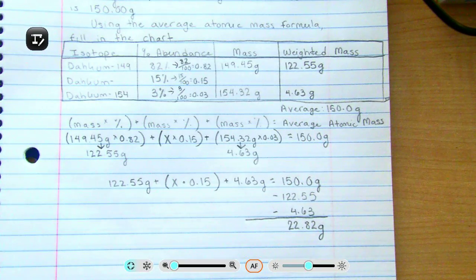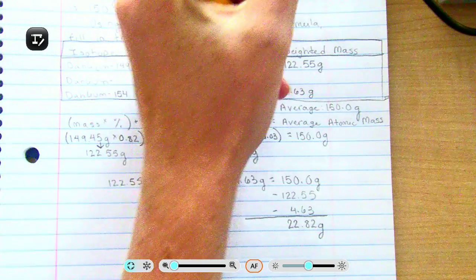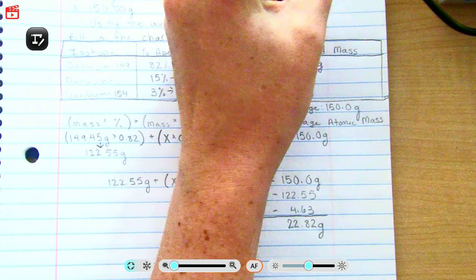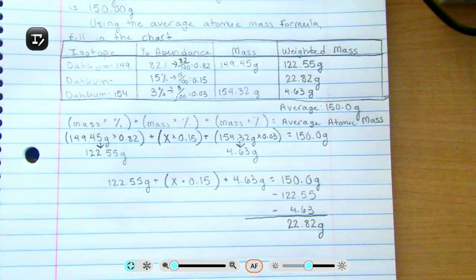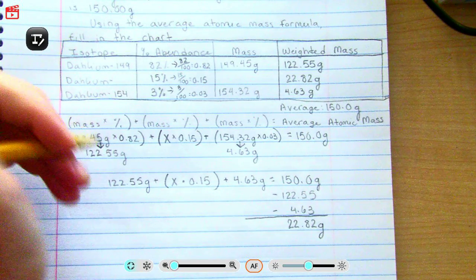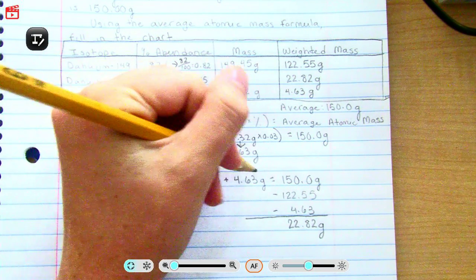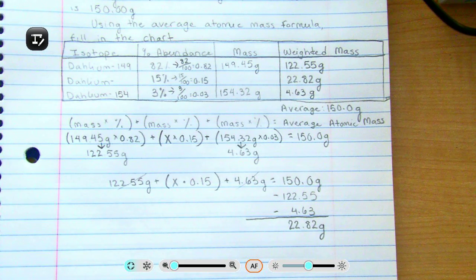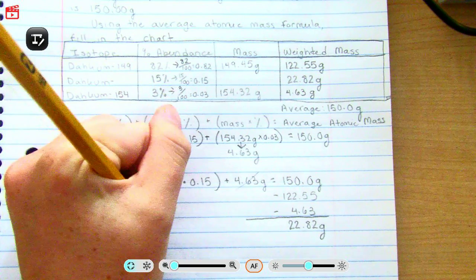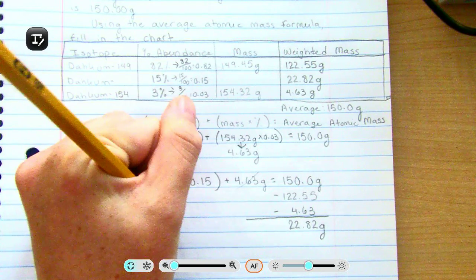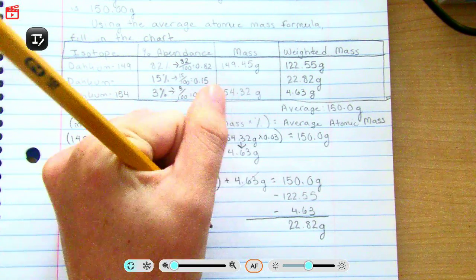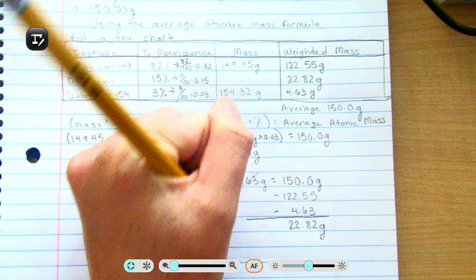So we can fill that in our weighted mass. All right. So just to show what we did, I'm going to take this out and take this out. So the only part left to our table is x times 0.15 equals 22.82 grams.